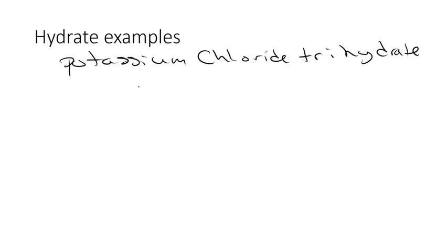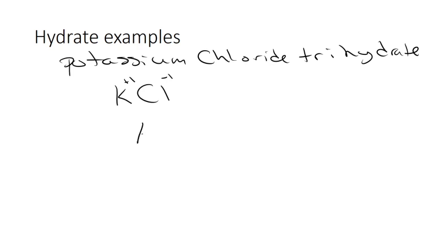So we look, we find potassium, K, and find that it has a +1 charge. Find chloride, Cl, it has a -1, and then trihydrate. We'll get to that in a second, but let's balance our charges first. +1 and -1, great.